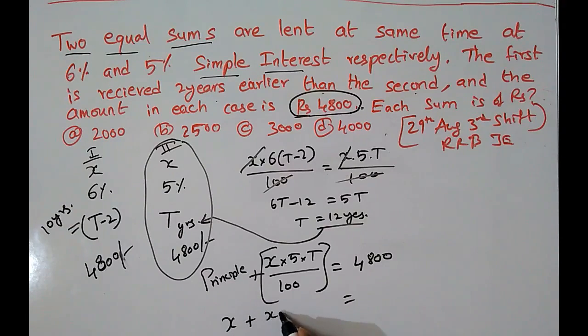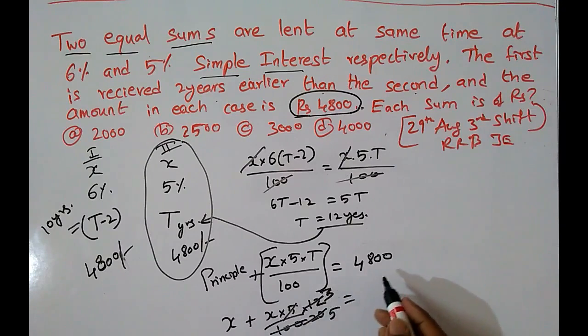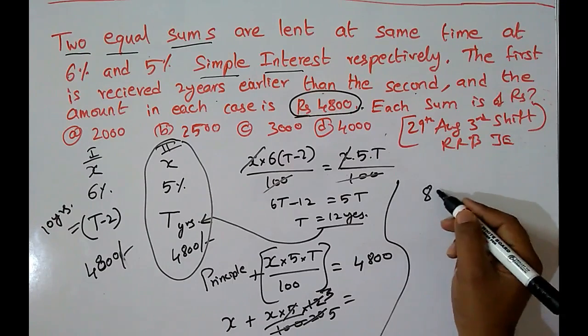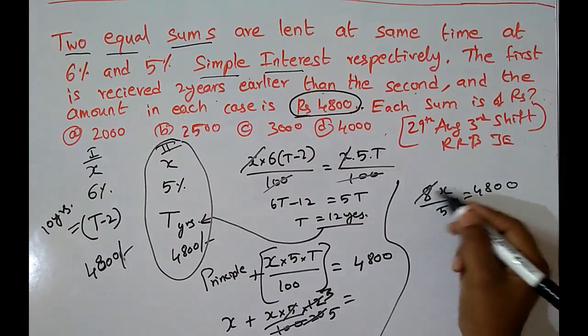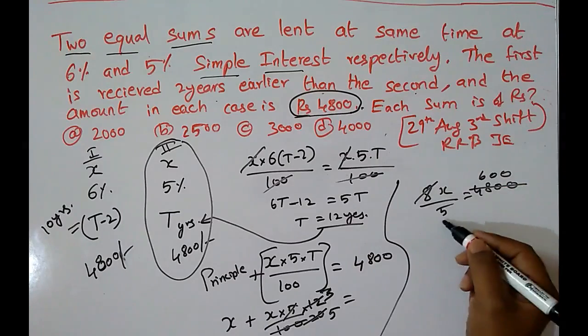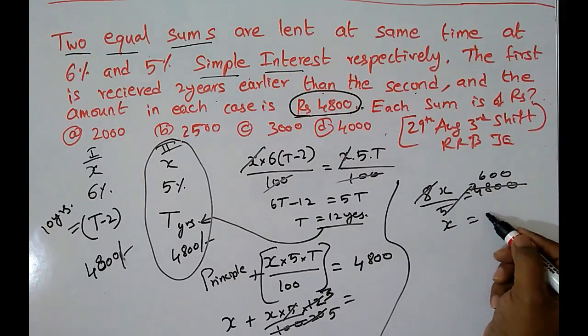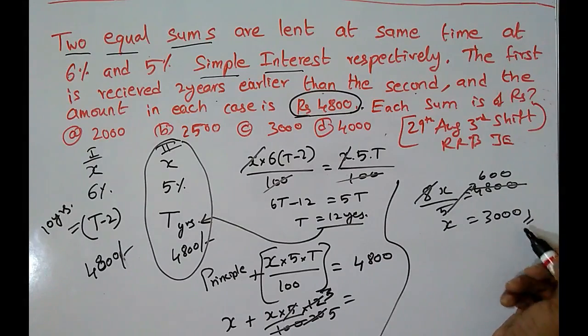So x plus x into 5 by 100 into t, t is 12. 4 3s are 12, 4 5s are 20, which gives 8x by 5 is equal to 4800. So x is equal to 5 multiplied by 600, we get 3000. So C is the answer.